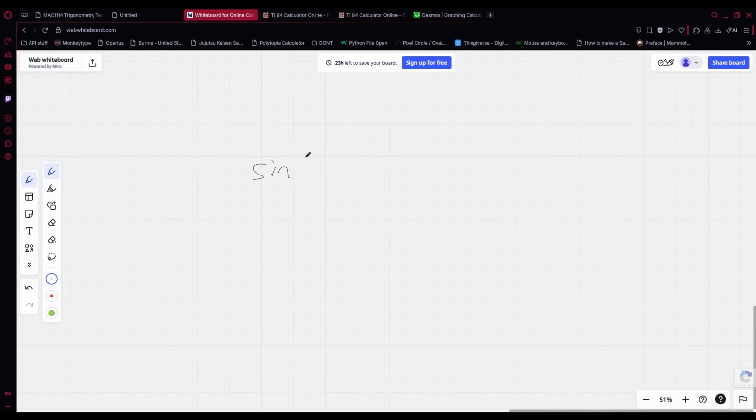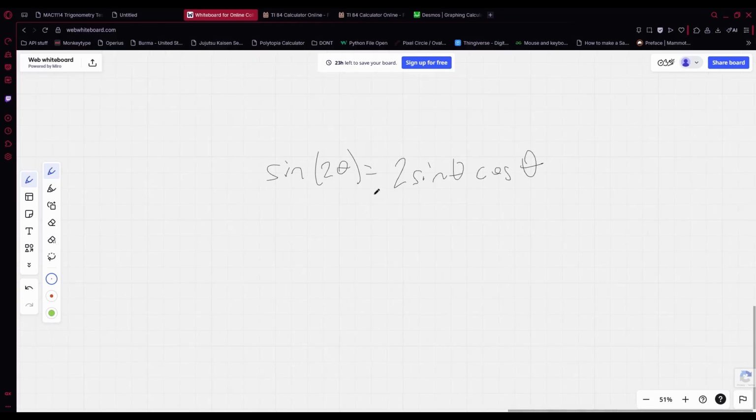Sine 2 theta is equal to 2 sine theta cosine theta. This one I found pretty easy to remember. I just imagine the 2 jumps out and then cosine gets added up.